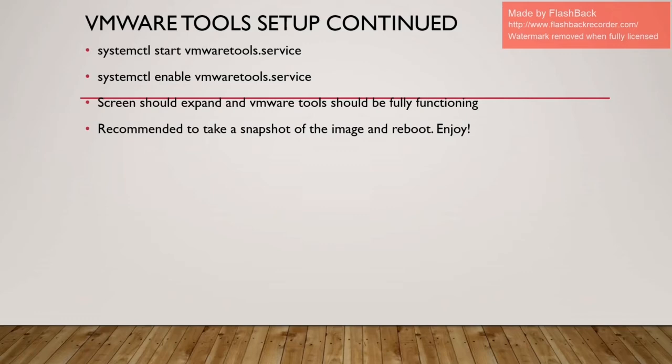Now it should have. After typing enable, a screen should pop up and it would say something like active. So the service should now be recognized as an active service. So at this point, VMware Tools is installed and ready.